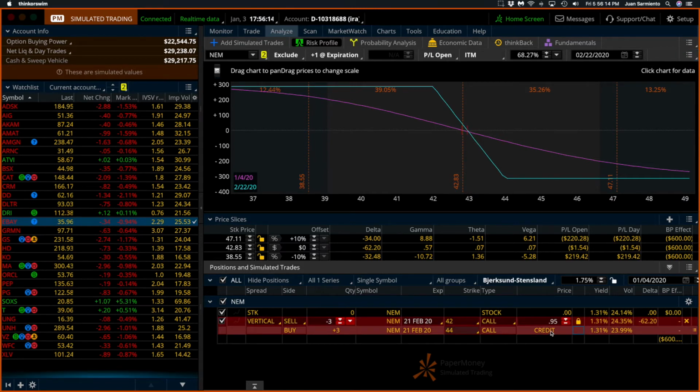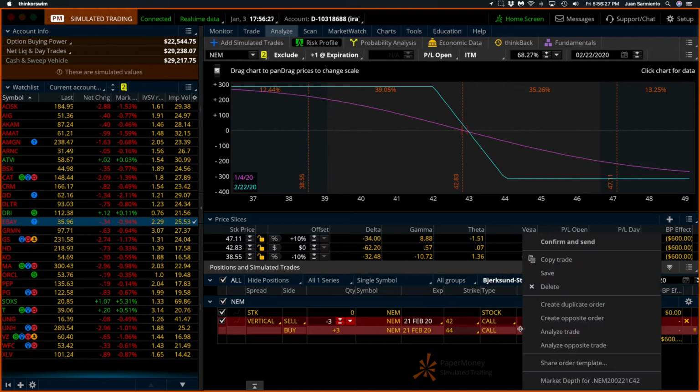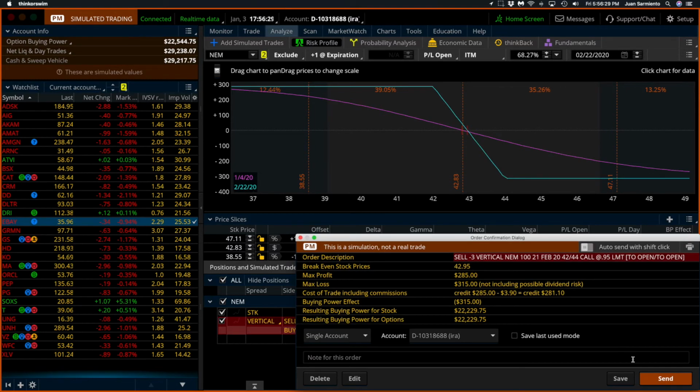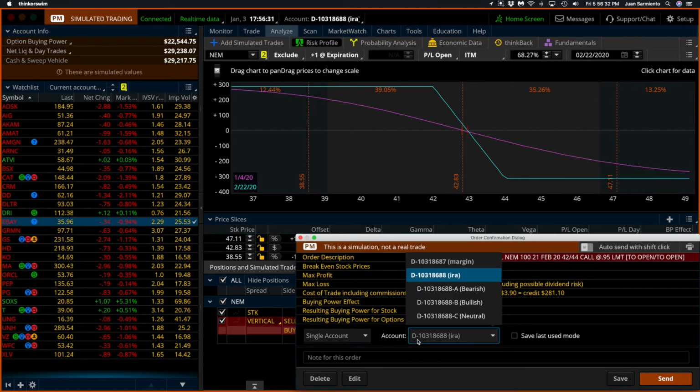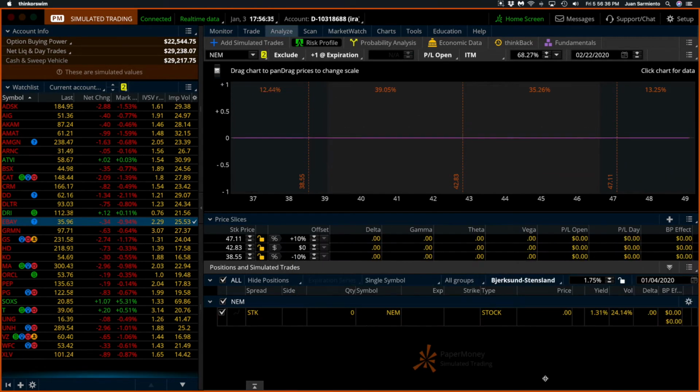I'm risking here 315 to make 285. It seems like I'm risking more to make less, but in reality, the probability of success is larger. So that's why I do it. Confirm and send. And again, make sure you set your group here, so it goes straight to the group.